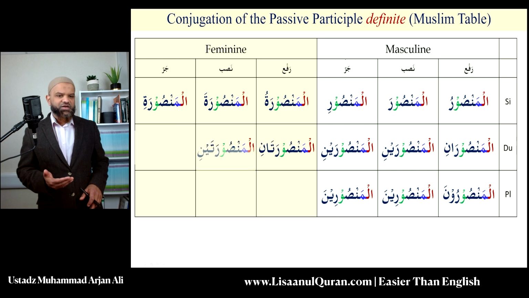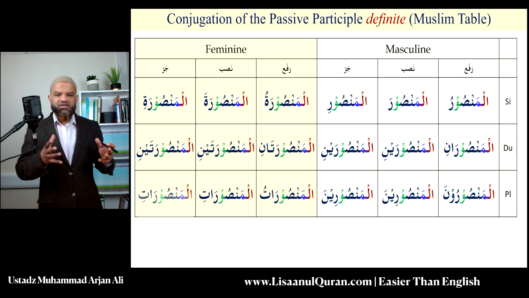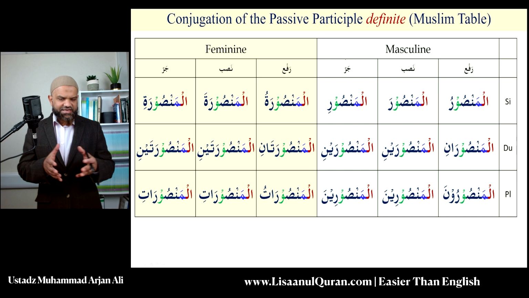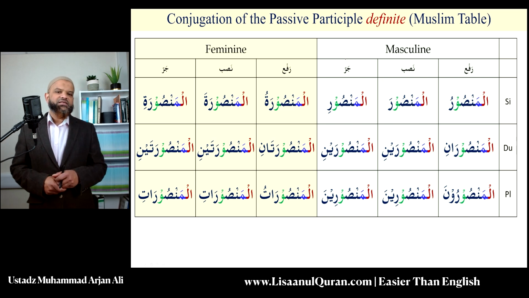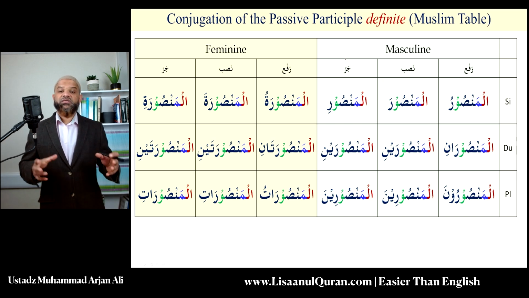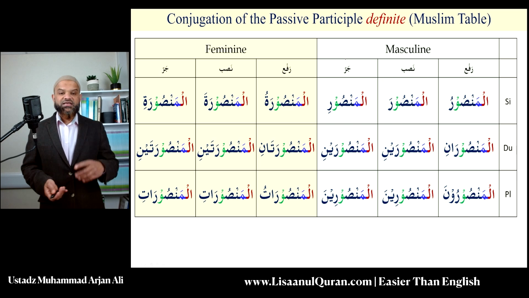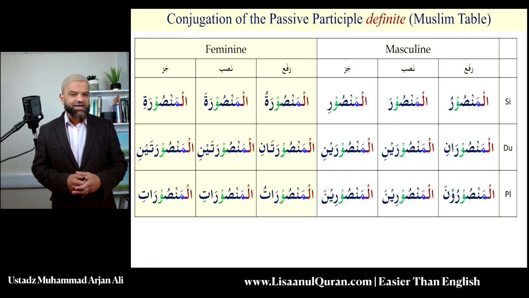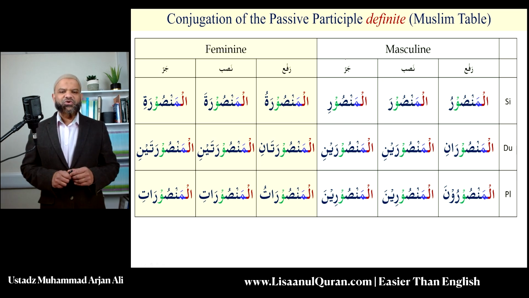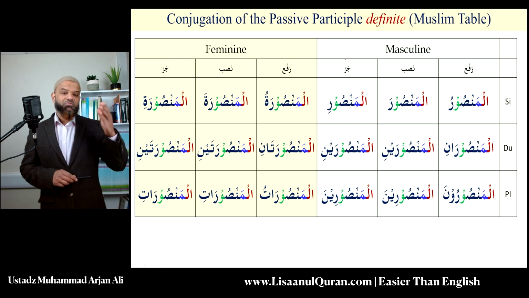Exactly what we've been learning, we can now form 18 plus 18, 18 indefinite and 18 definite by adding al. So we have 36 words for the passive participle, exactly as we had for the ismul fa'il, the doer, and this is the object, the one who receives the action.